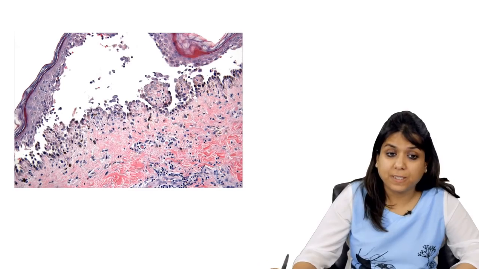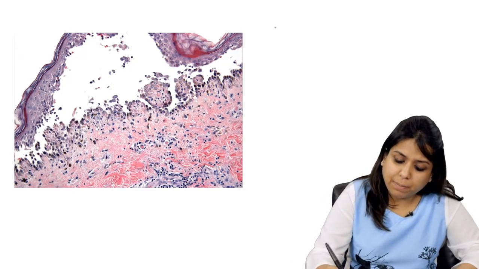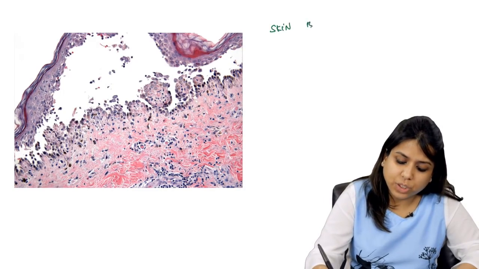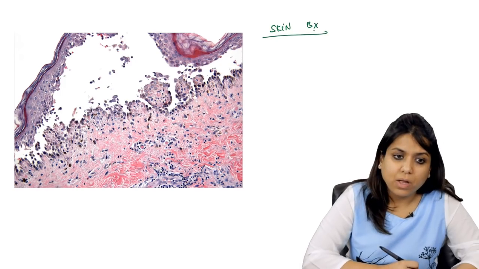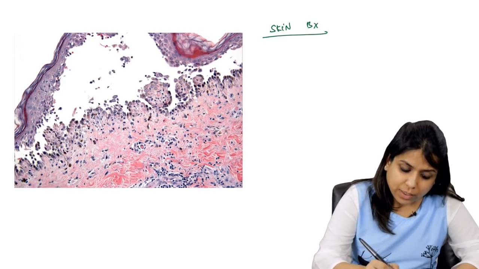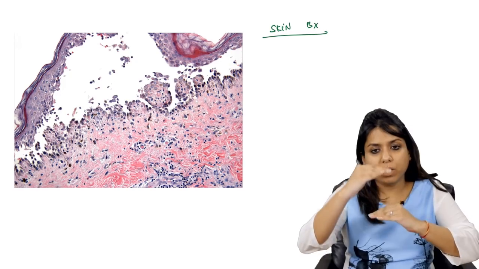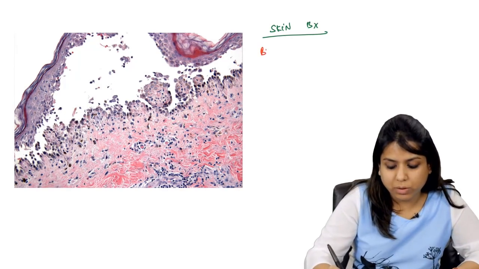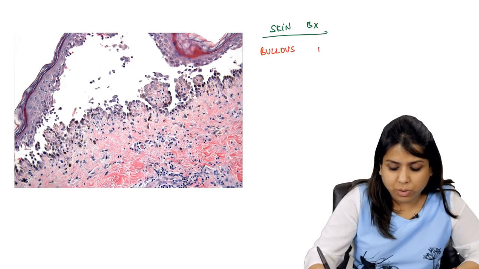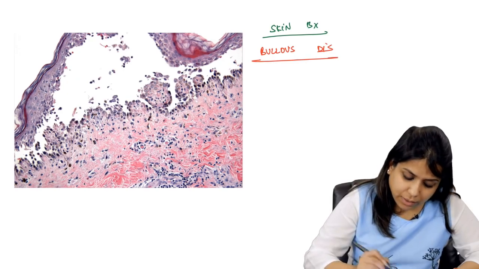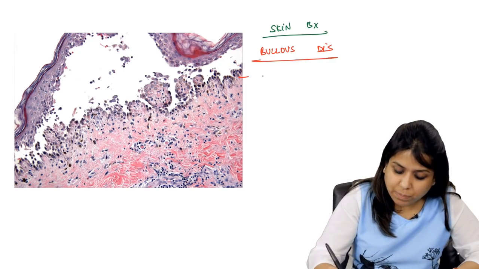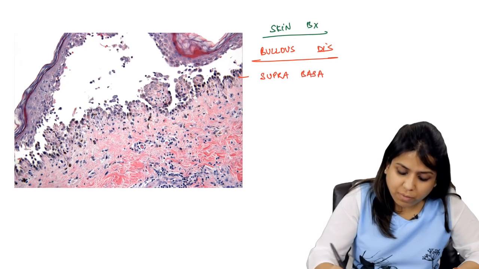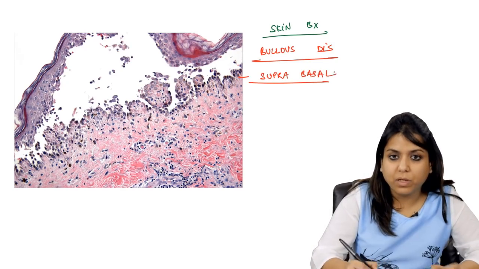Next, this. Now, this is a skin biopsy. You will be given a history of a skin biopsy. And in this, can you appreciate something, a bullous disorder? There is a bulla, and this bulla is basically suprabasal. It is just above the basal layer.